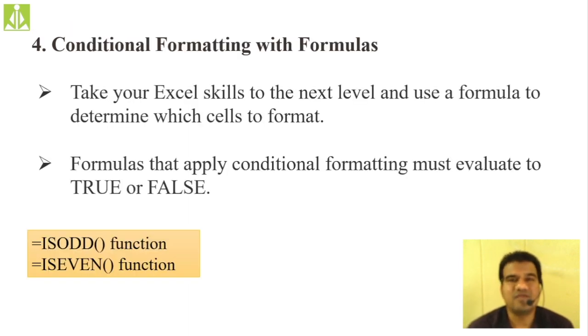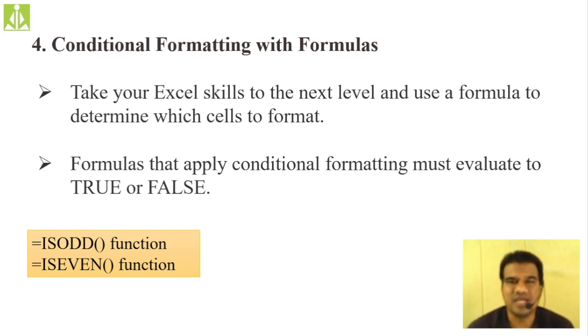Then conditional formatting with formulae. You can even apply predefined formulas, and if you think those are not sufficient, you can create your own formulas using the conditional formatting with formulas option.